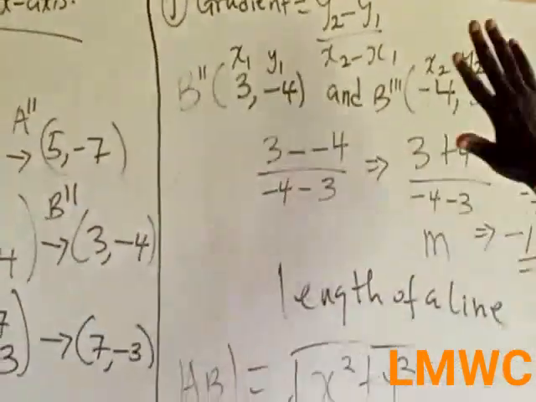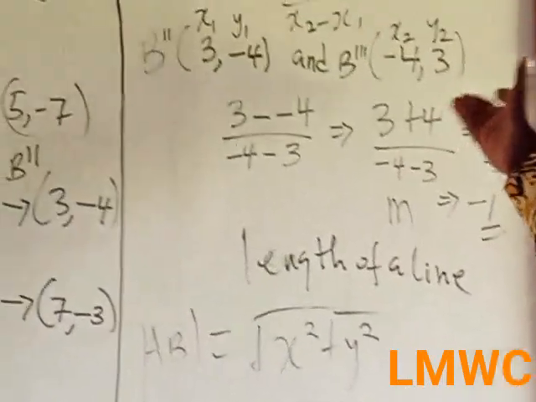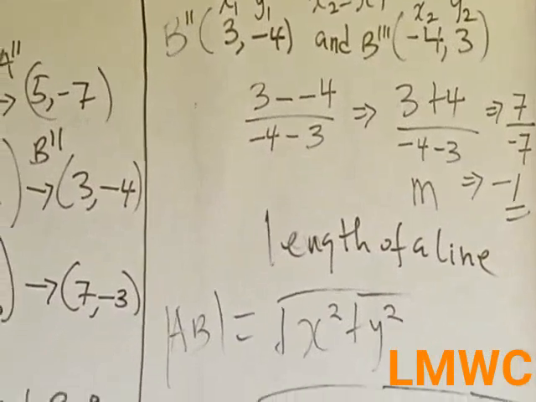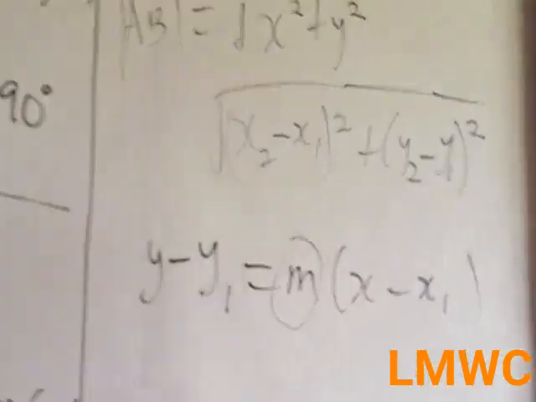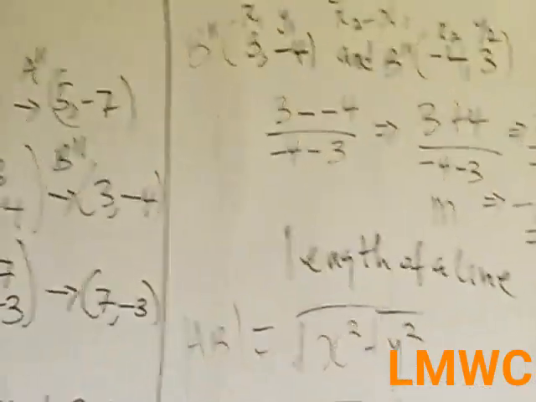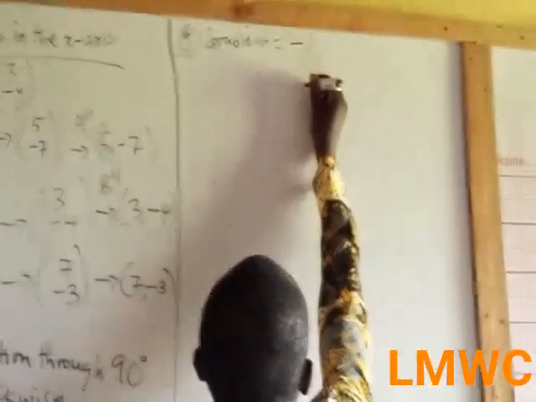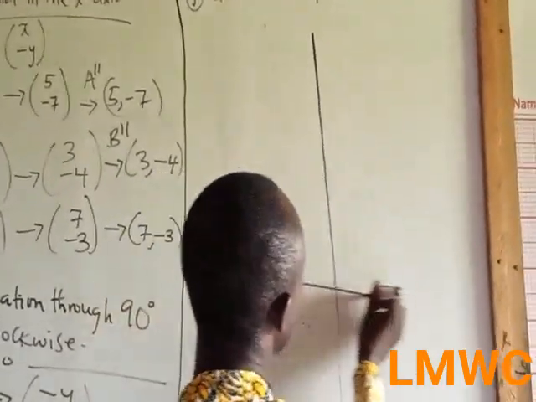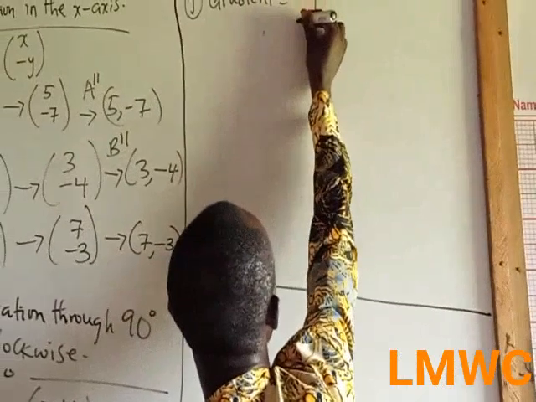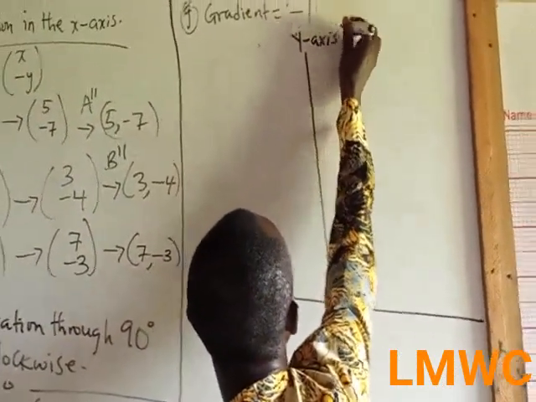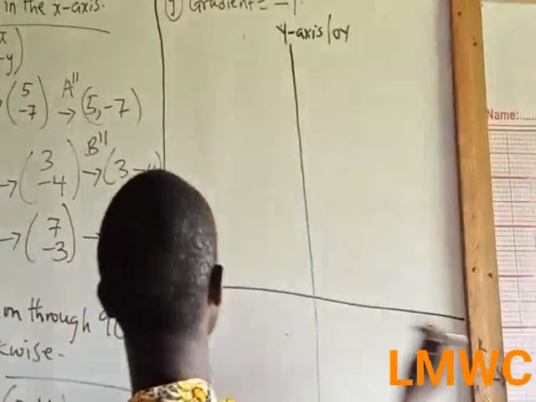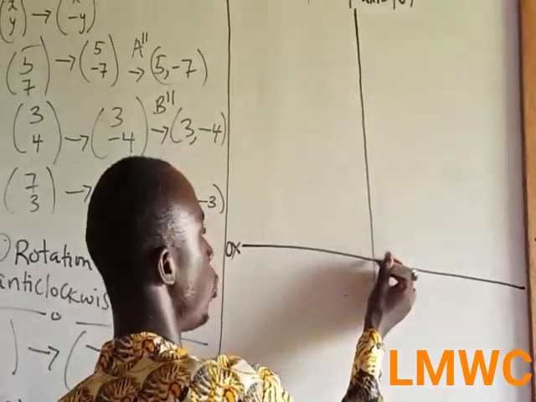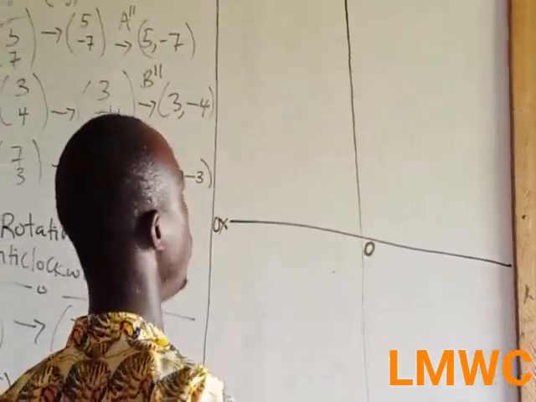So I will clean this portion. You see, I'm done with the workings. I want to clean this portion so that I will sketch my graph here. We now know our gradient is negative 1, so take note. So we now want to draw our graph. This is the y-axis, and this is the x-axis. Where these two lines meet, we call it 0 or origin.